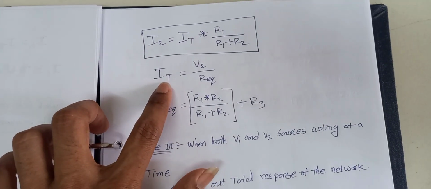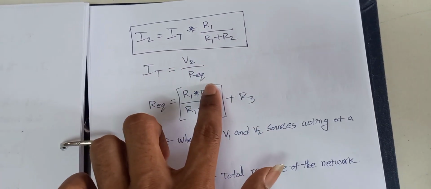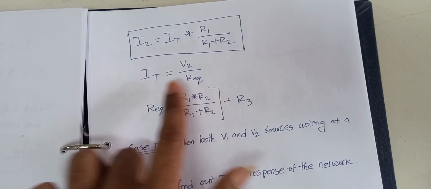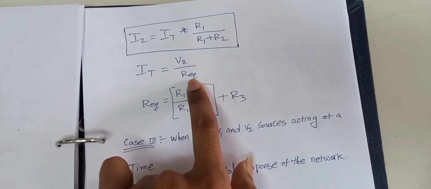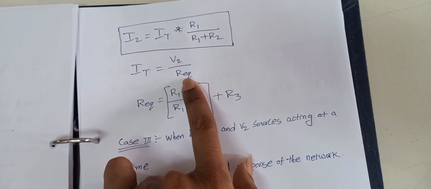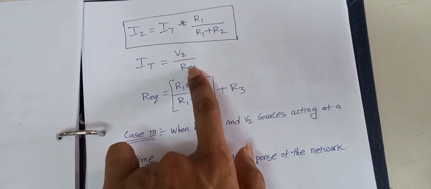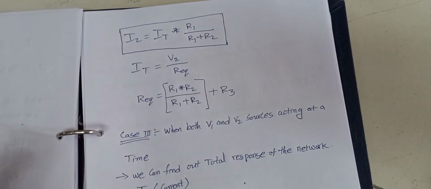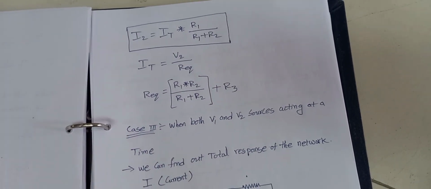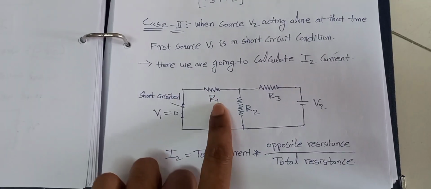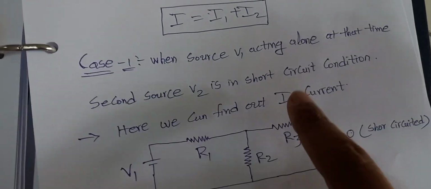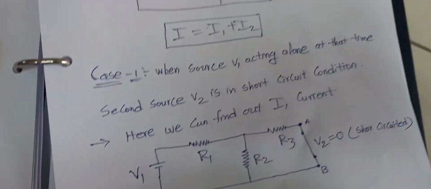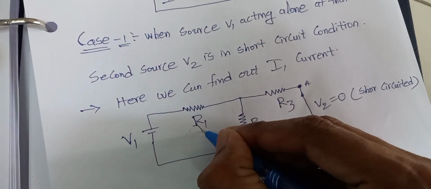It is the same formula for IT, but previously you wrote V1 by R equivalent; here you write IT equals V2 by R equivalent, because the acting source is voltage 2. The R equivalent resistance is the same, but here we apply it for these two resistances, whereas previously we applied it for the other two. So we take this loop current only.